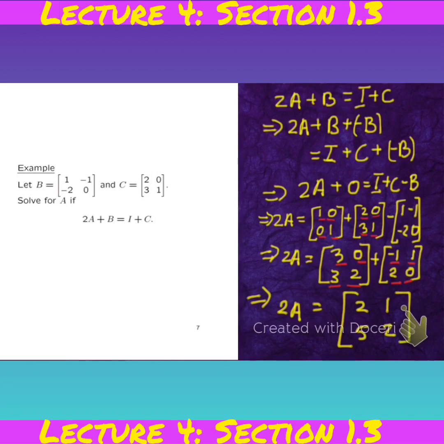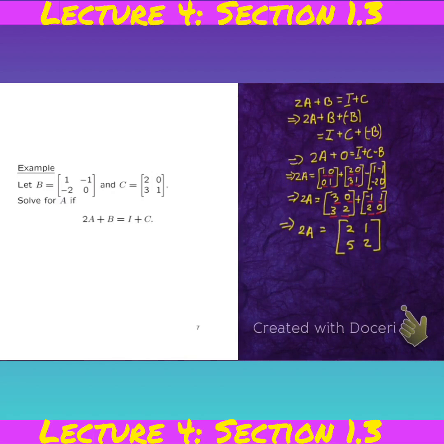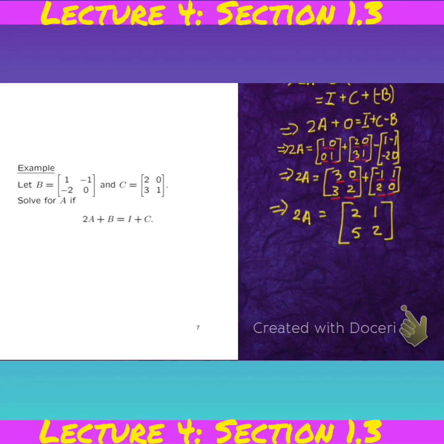Okay. So now to finalize the problem, we solve for A by multiplying with a scalar on both sides, and this scalar is going to be 1 over 2. So we multiply the left-hand side with 1 over 2. Right, so we get 1 over 2 times 2A, and what we do on the left we need to do on the right.